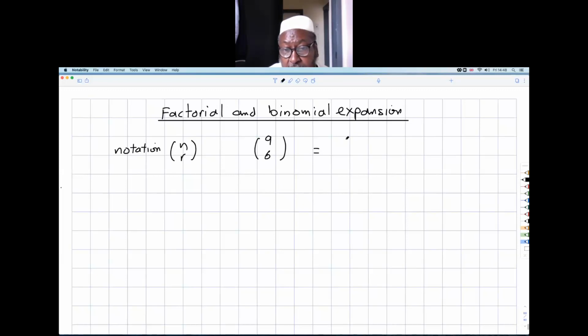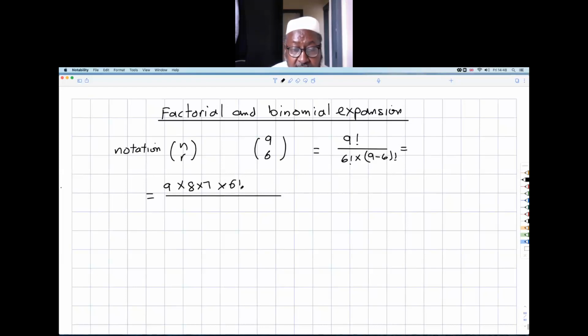So this will be 9 factorial over 6 factorial times 9 minus 6 factorial, and this will equal 9 times 8 times 7 times 6 factorial divided by 6 factorial times 9 take away 6, which is 3 factorial.